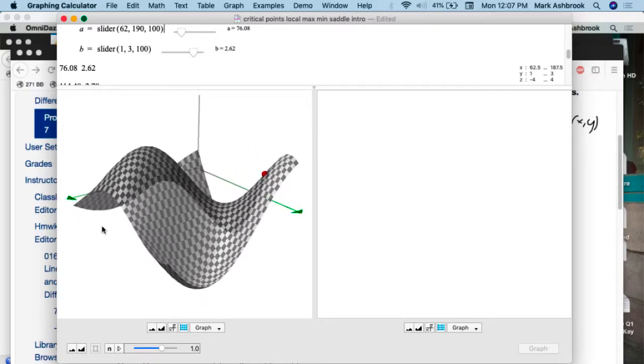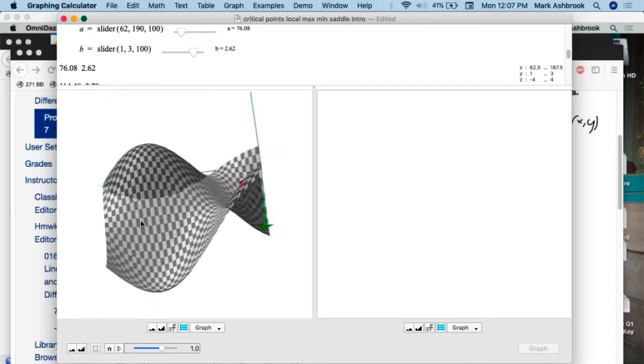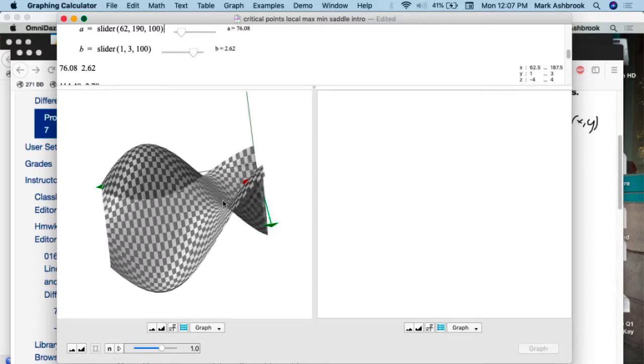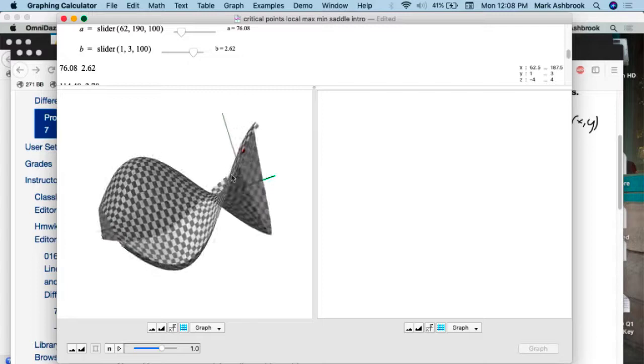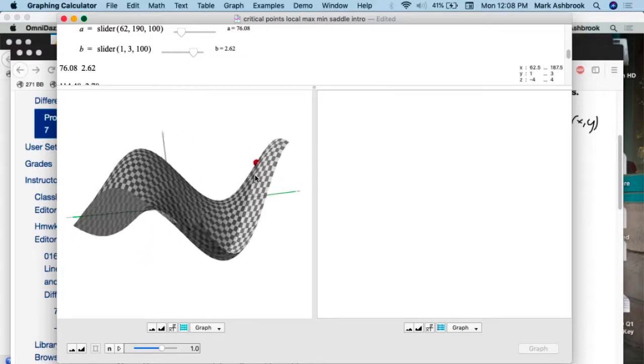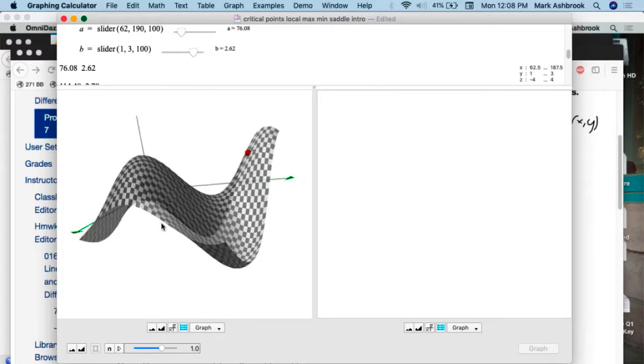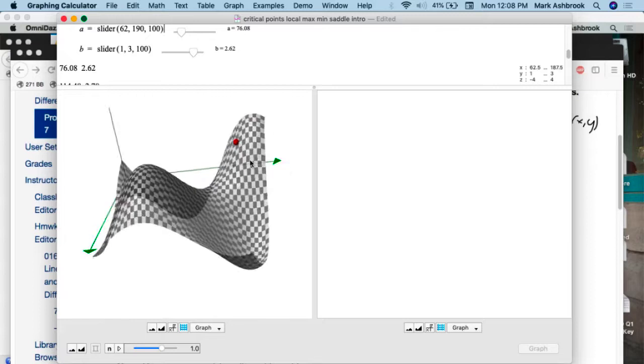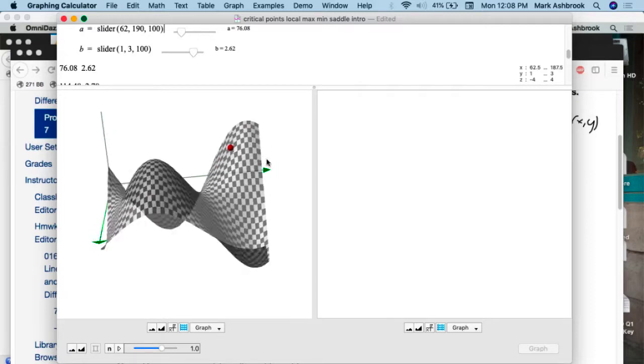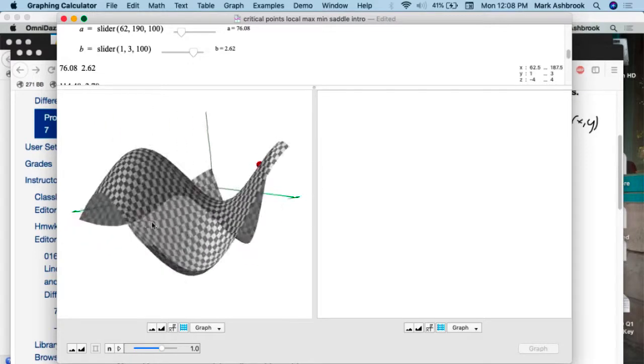Can we make any conclusions about those at the red point? So again, we're asking about the rate of change with respect to x. What is it doing? So we know the function is going down. So the first derivative is negative. What about the second derivative with respect to x, or fxx?